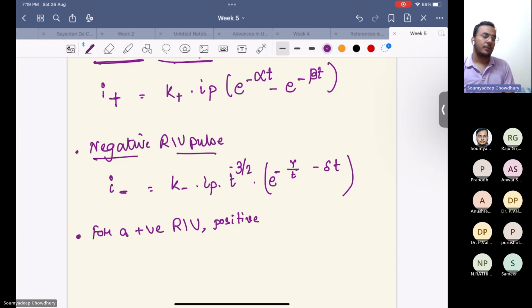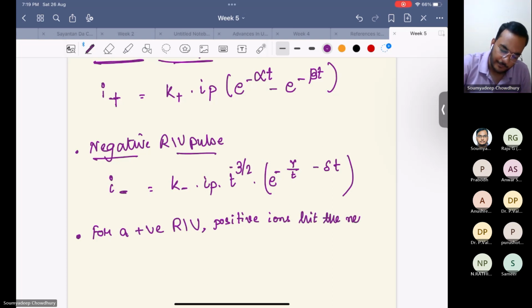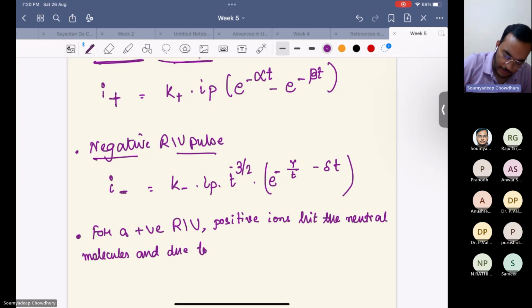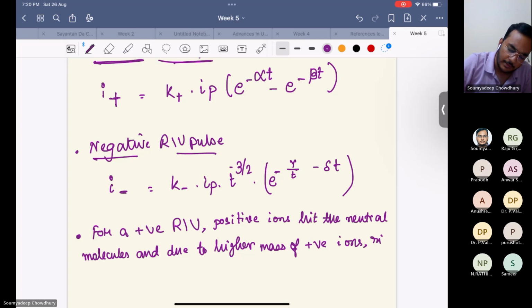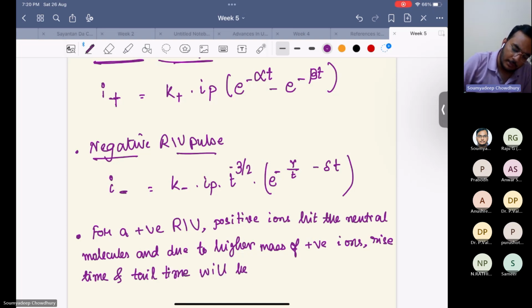As I was telling, the difference between the positive and the negative RIV pulse: for a positive RIV, these positive ions hit the neutral molecules, and due to the higher mass of positive ions, this rise time and the tail time will be higher.